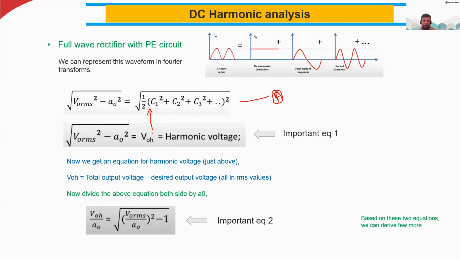So now you should know VOH is equal to total voltage minus desirable voltage. Because of the Fourier transforms, we found the equation for this undesirable harmonic voltage. So VOH is equal to total output voltage minus desired output voltage.